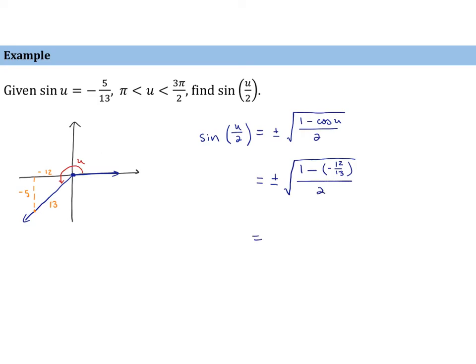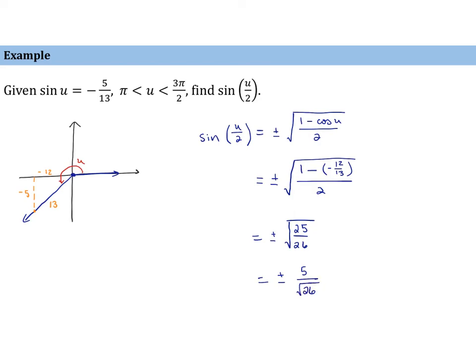Now this yields for us positive or negative, and 1 plus 12/13 all over 2 is 25 over 26. So if we simplify that, we have plus or minus 5 over the square root of 26.